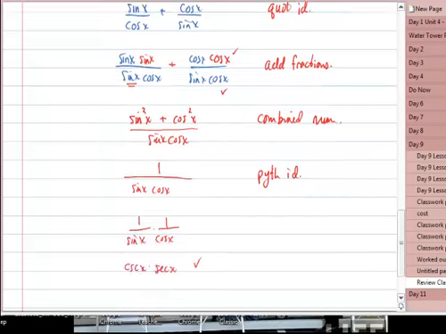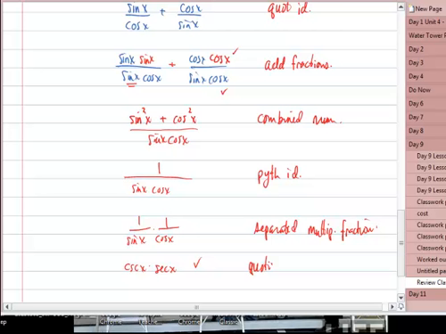And lastly, we separated the multiplied fractions and we arrived at our identity by using quotient, reciprocal identities.